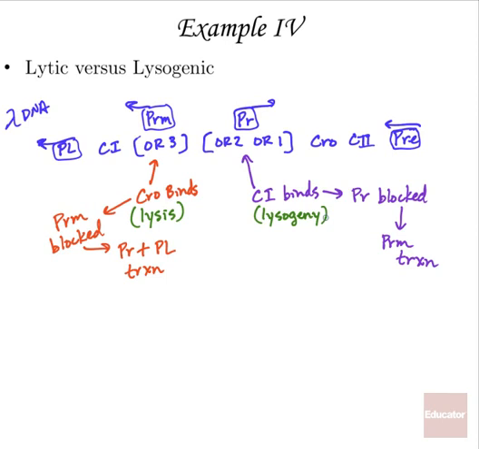This is important, so I will write it with a star. C1 concentration must be kept high to stay in the lysogenic phase.